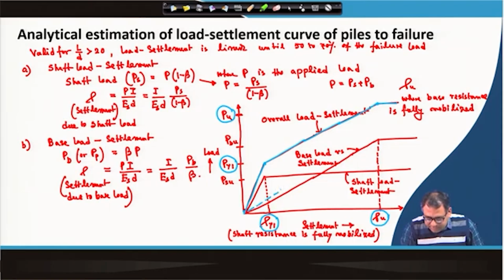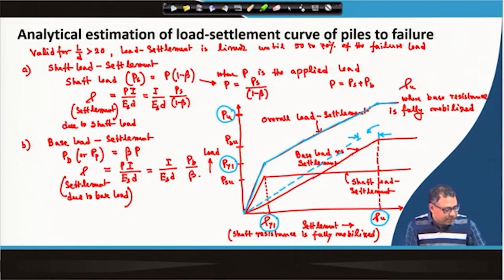This dotted line is the soil settlement due to the pile base load, and this additional line is the pile material settlement, once the slip or the total shaft or soil settlement is over. So, this is the additional settlement.